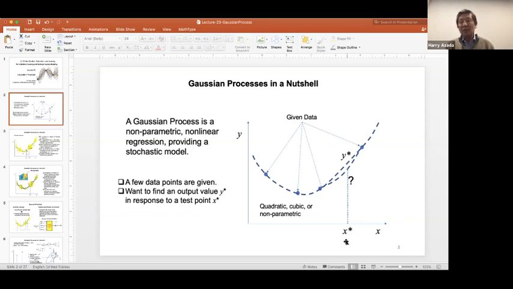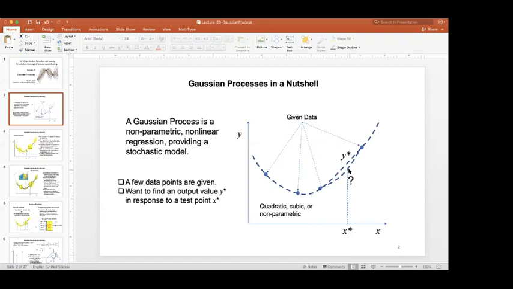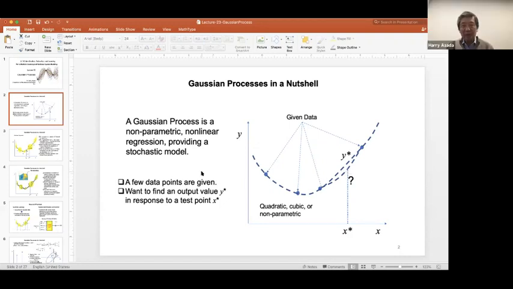In machine learning we put the star to denote a new point we'd like to investigate, and then we try to find the corresponding output, say Y star. So this is nothing but regression. It is a stochastic, non-parametric regression, and of course we can deal with nonlinear relationships.